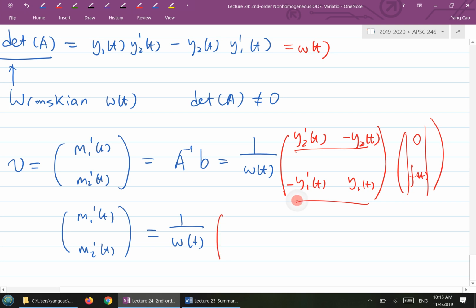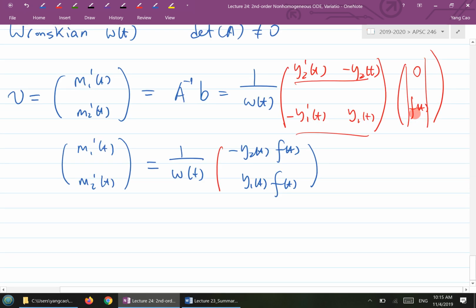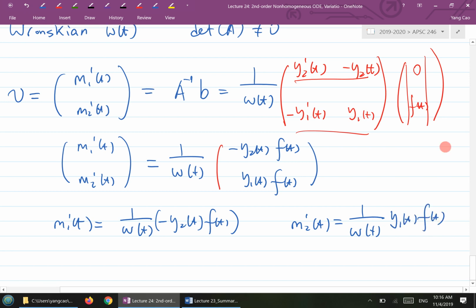We get y2 prime times 0, negative y2(t) times f(t), negative y1 prime times 0, and y1(t) times f(t). Overall, m1 prime equals 1 over W(t) times negative y2(t) f(t), and m2 prime equals 1 over the Wronskian times y1(t) f(t).